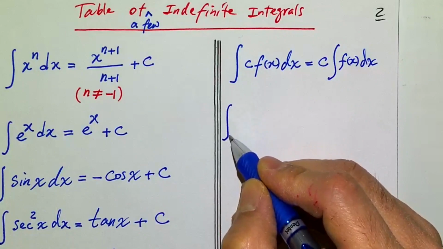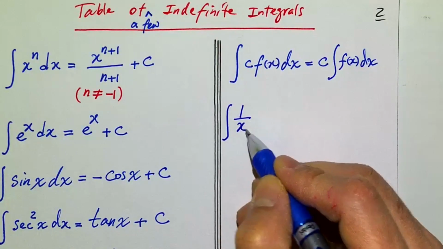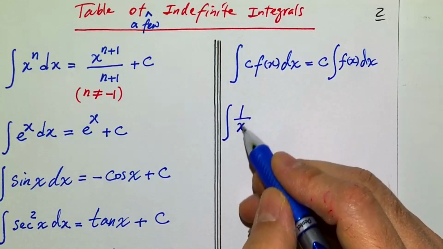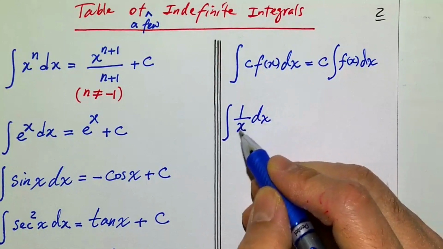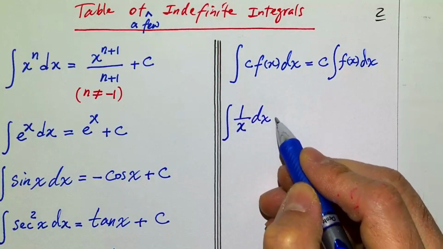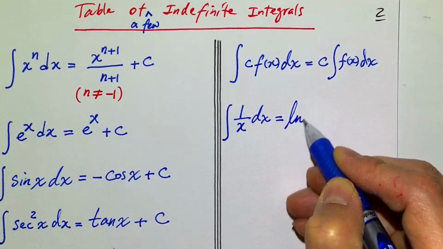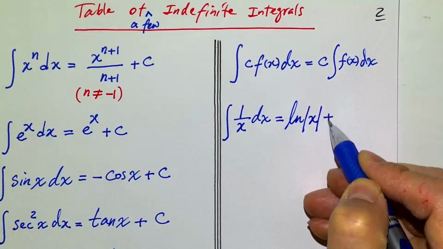The integral of 1 over x, this is another one of my favorite ones because it's very easy to remember and use. The integral of 1 over x dx is natural log of x plus c.